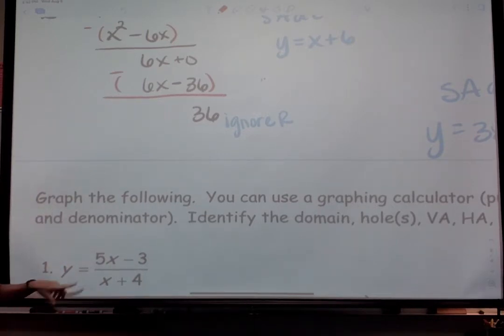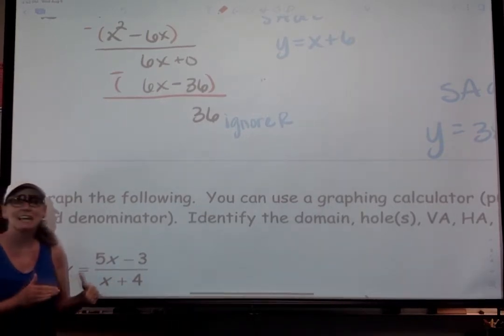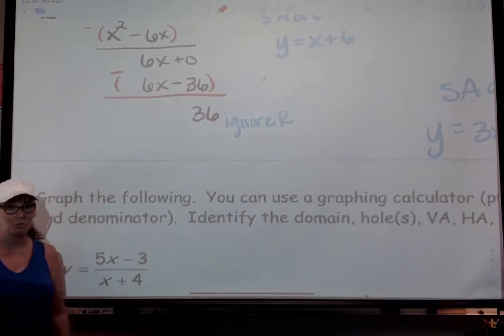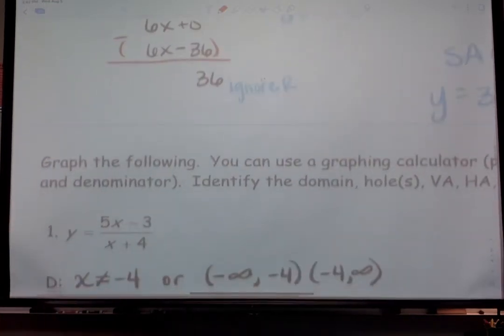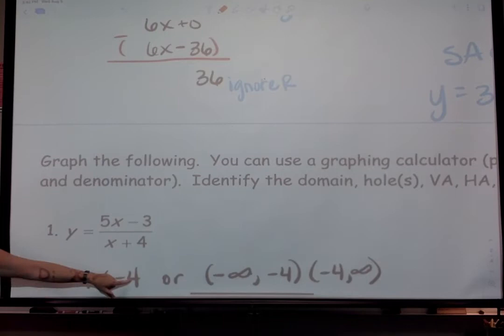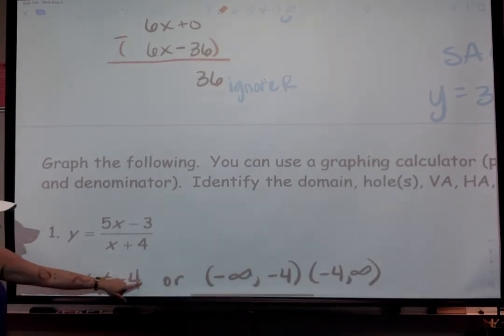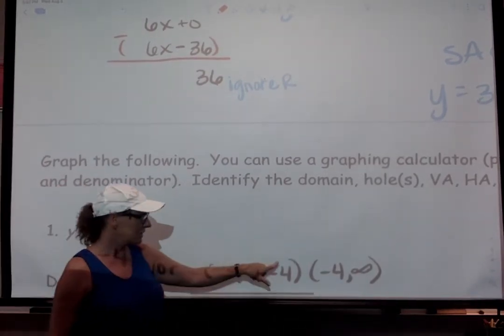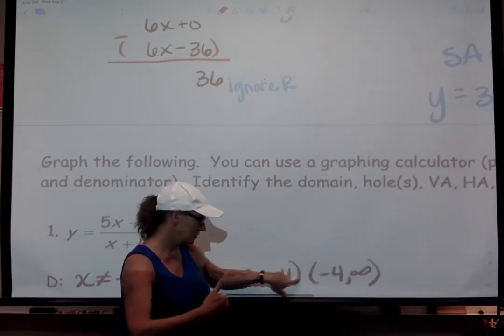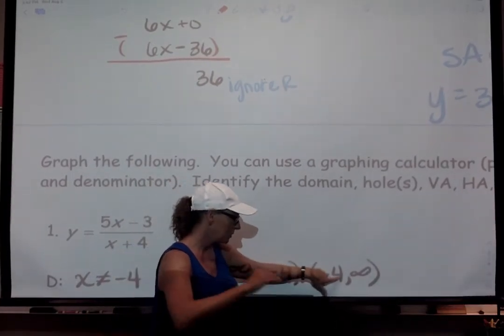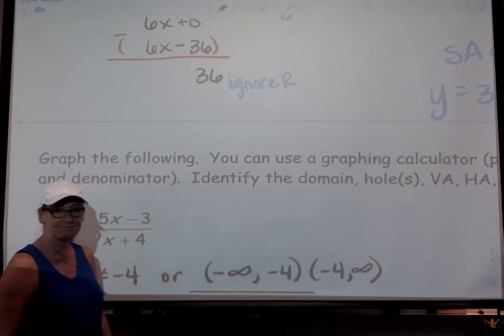So, domain. Look at the domain. Tell me what x can't be. X can't be 4, right? Cool. X can't be 4, or in interval notation, negative infinity to here, stop, don't include it, pick up here where you left off, and go to infinity.